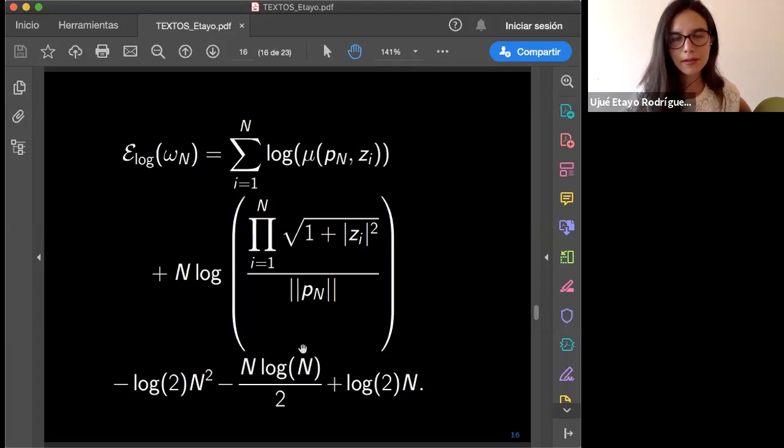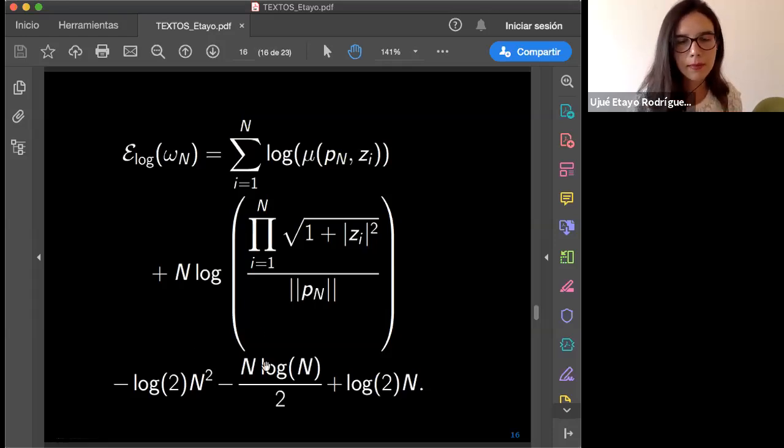And then we have a third term, n times the logarithm of some quotient relating the modulus of the roots of the polynomial and the norm of the polynomial. Here again, this norm is the Bombieri-Weyl norm that we were using before for defining the condition number.